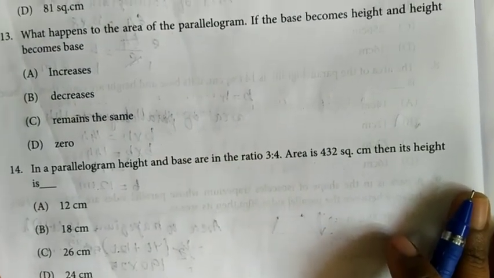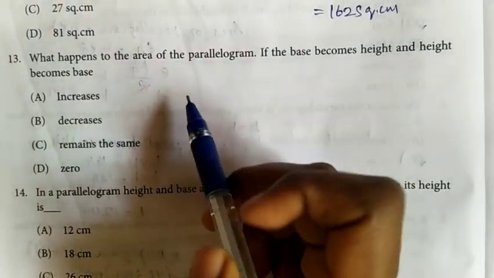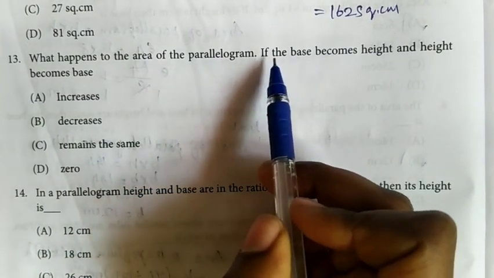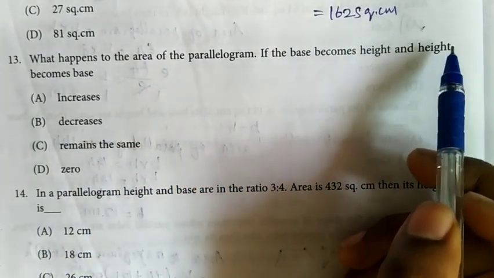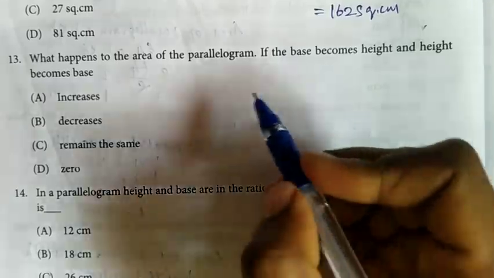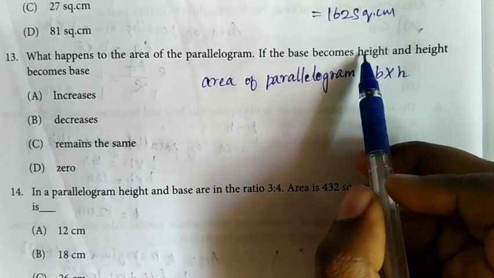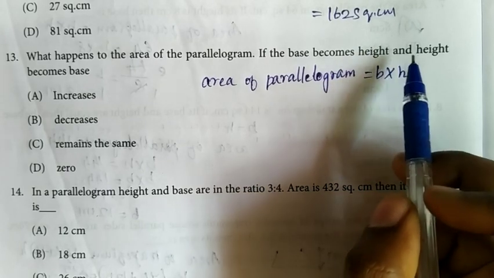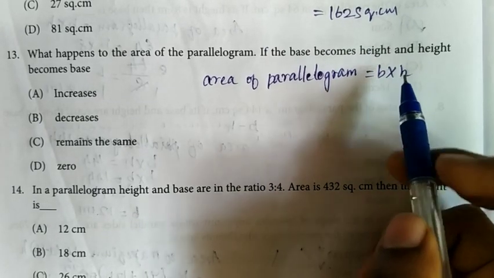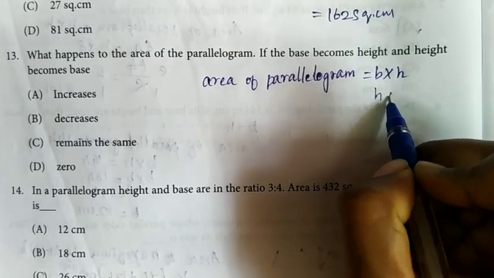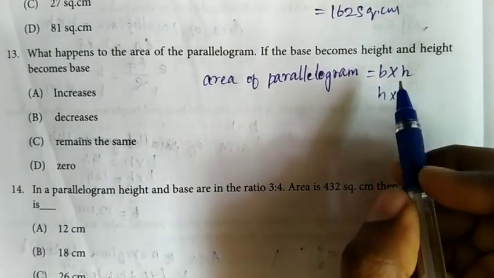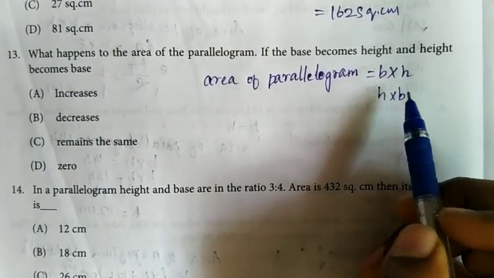13th question. What happens to the area of the parallelogram if the base becomes height and height becomes base? In the question they gave height is considered as base and base is considered as height. So H into B. We have to find out the result of this change.